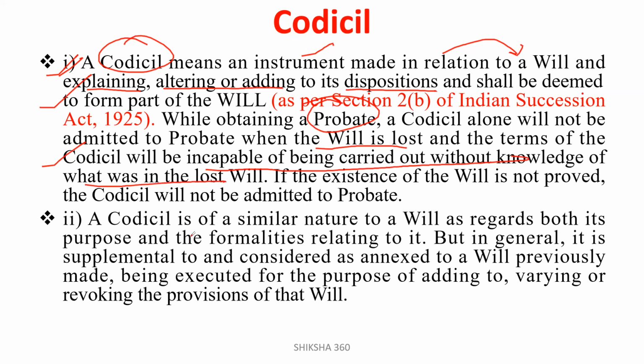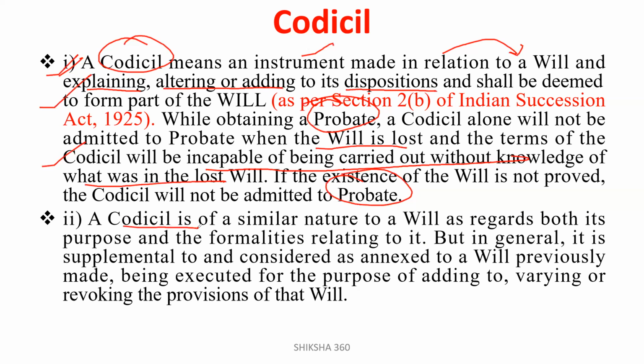Clear? Like we can say that if we do not have the document which had been modified, then there is no meaning of the additional document. That additional document is to be known as a codicil here. So if the existence of the will is not proved, the codicil will not be admitted to probate.